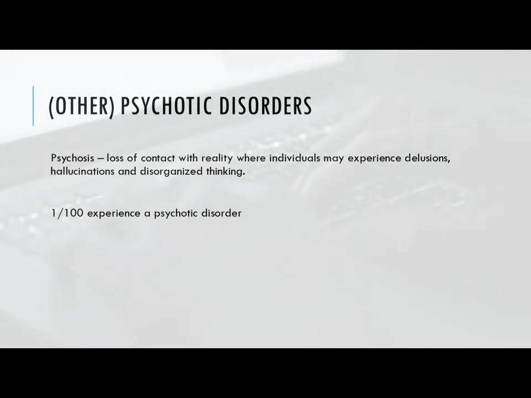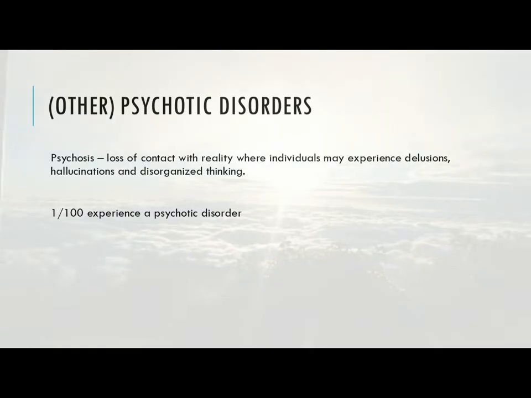Then there is substance or medication-induced psychotic disorder, and this is when a psychosis is triggered from the use or the withdrawal from substances. There's psychotic disorder due to another medical condition, and this is psychosis resulting from underlying medical issues.